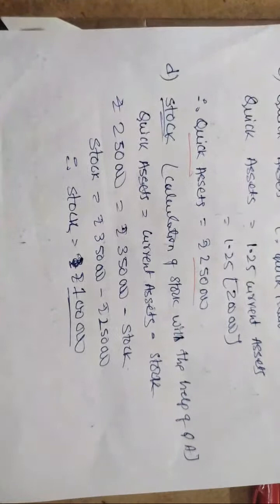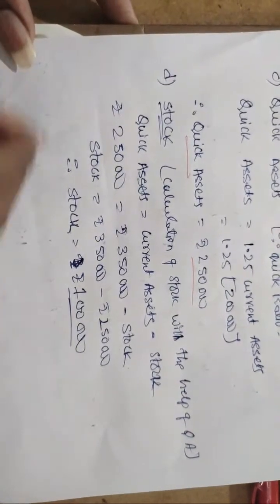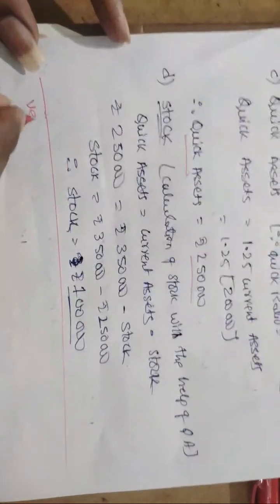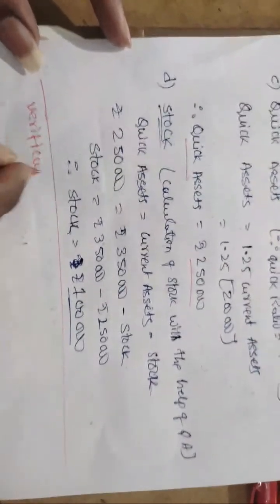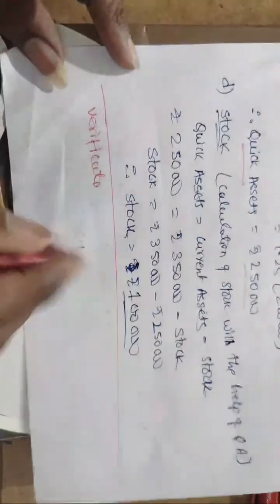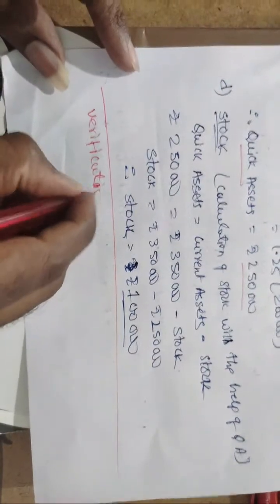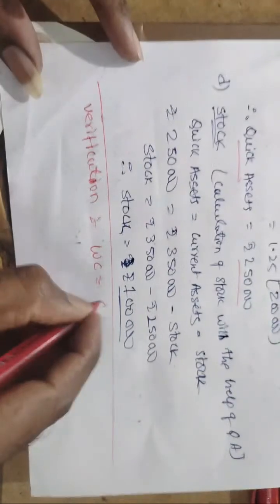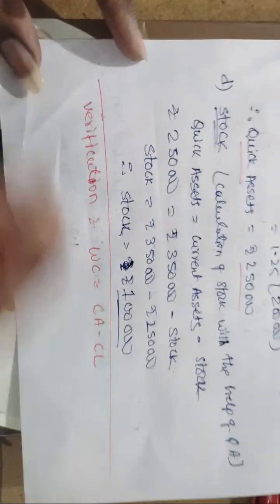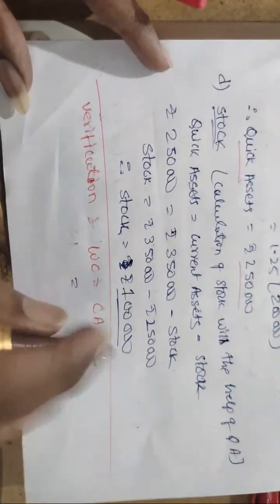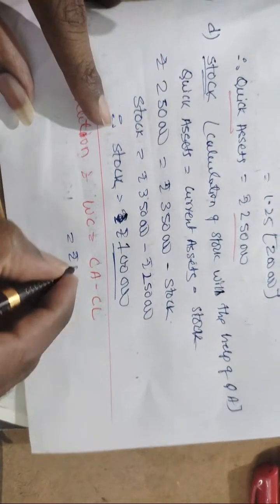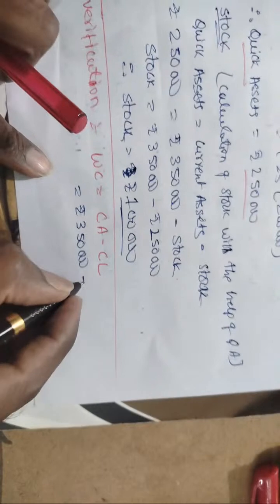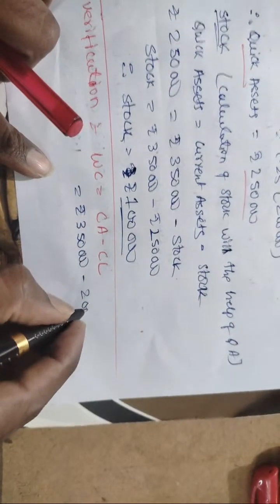Next, finally, if you want to verify our answer whether it is correct or not, we can do the verification. Working capital is equal to current assets minus current liabilities. What is your current assets? You have got rupees 3,50,000 minus current liabilities 2 lakhs, right?